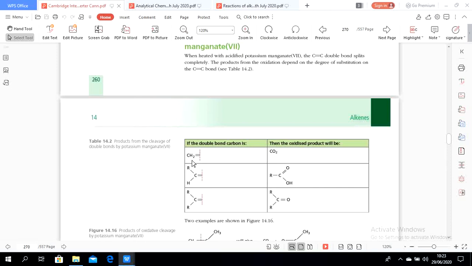Look at here. If there are two hydrogens attached to the carbon, the CH2 will become carbon dioxide. If there is one alkyl attached to the carbon, then the carbon will become carboxylic acid. And if there are two alkyl groups, it will become a ketone.